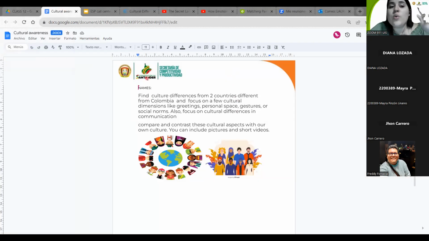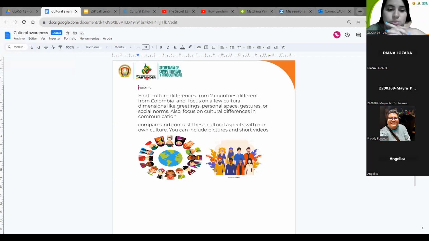I'm going to create two groups, and in the two groups you are going to find cultural differences from two countries or regions. For example, if you don't want to talk about a country itself, you can talk about European countries, something general, or Western European countries.